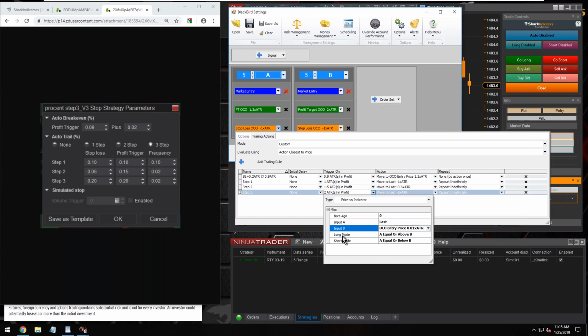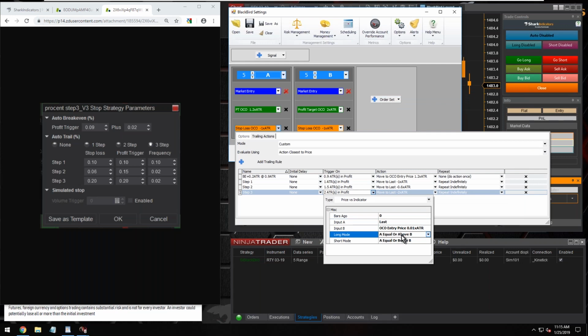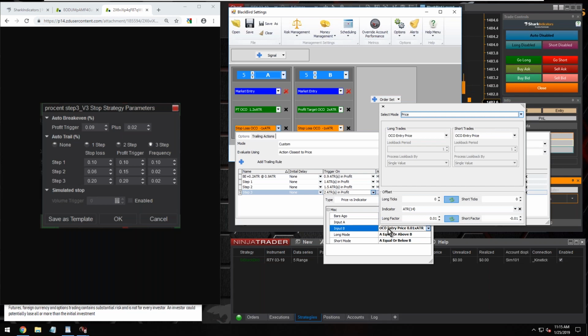So in the modes here, if we look at the long mode, it says when A, and what is A? Well, A is tracking the real-time market price. So when the market price is equal or above B, remember, B is your calculated profit price.